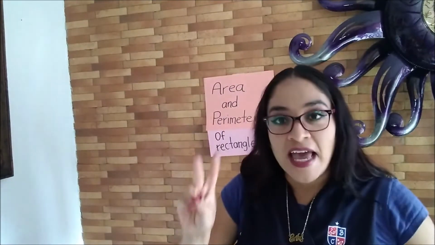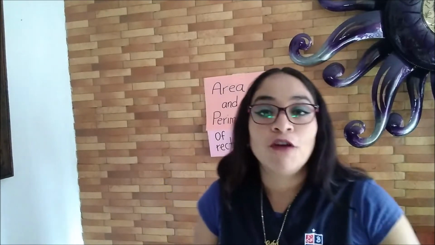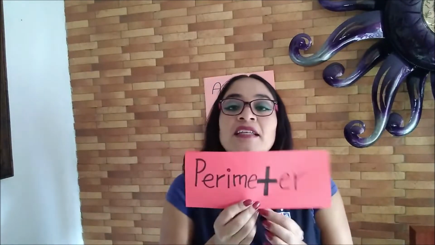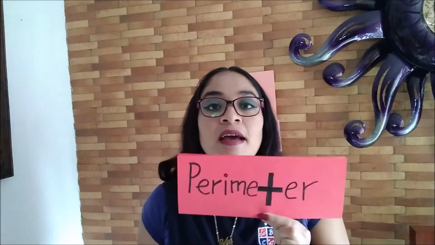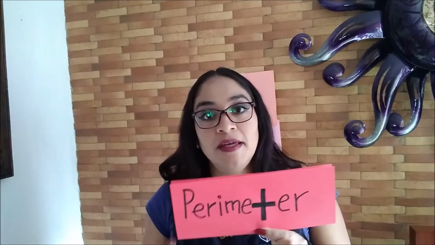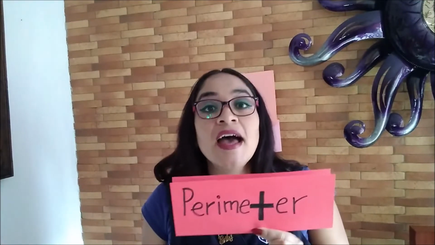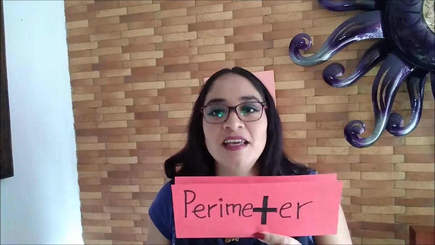That's the area. Well, I made two signs for you, and I hope it will help you to remember what you have to do to calculate each of these. Perimeter. As you can see, the T has a singular shape, and it is an addition sign. Why?